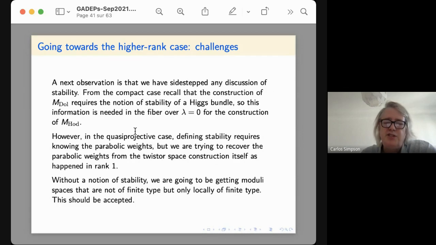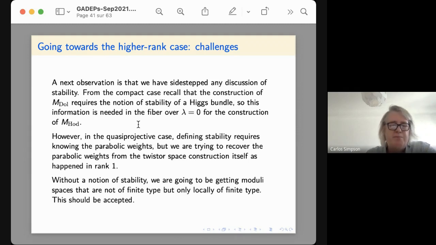The next observation is that we haven't discussed stability, and there's a bit of a looping problem here. When you're looking at the construction of the moduli space of parabolic bundles with logarithmic Higgs field or a connection, classically you use the parabolic weights themselves in order to define stability.